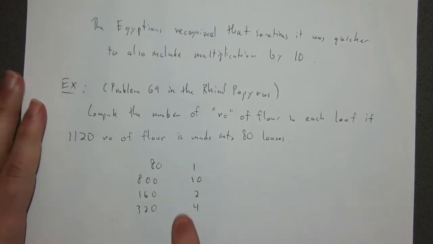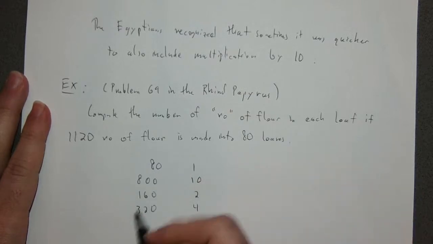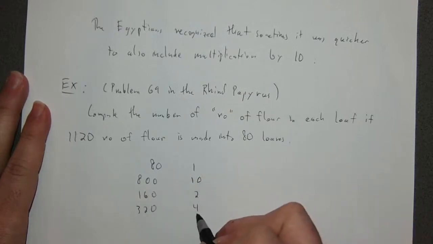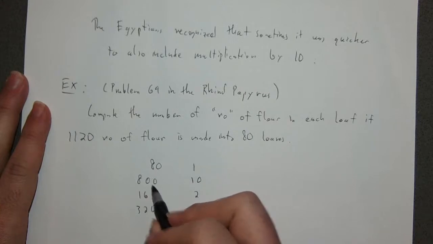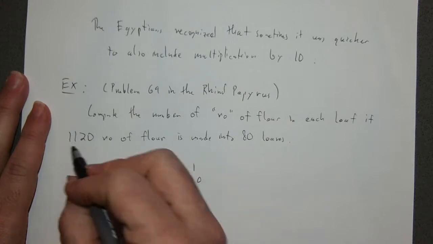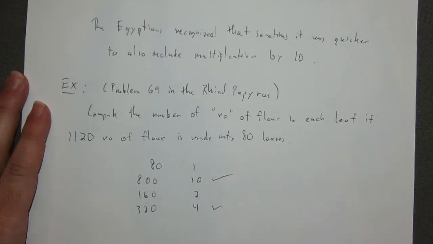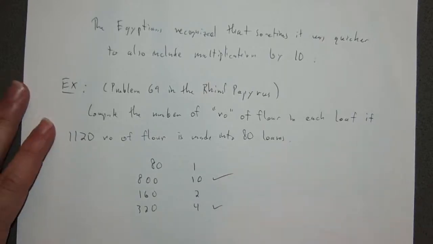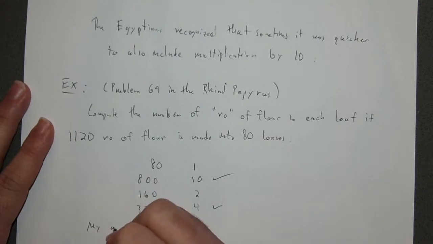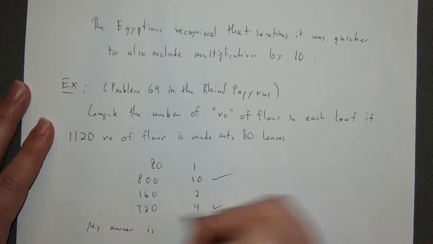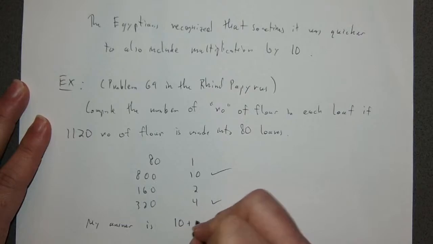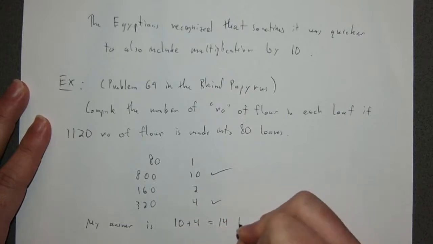And so if I check that, 800 and 320 sum to 1120, my answer is 14 loaves, right? So my answer is 10 plus 4, or 14 loaves.